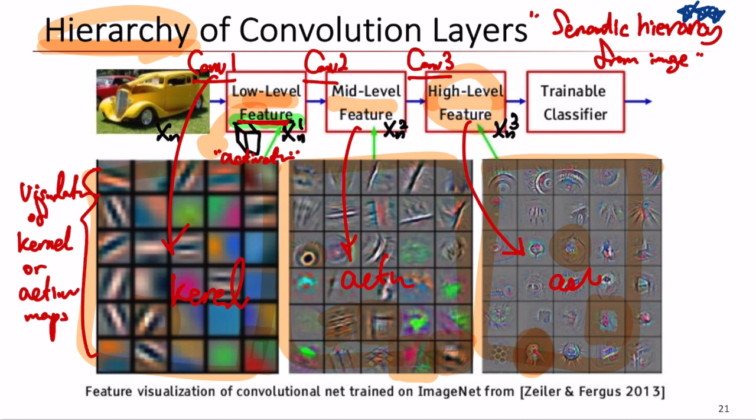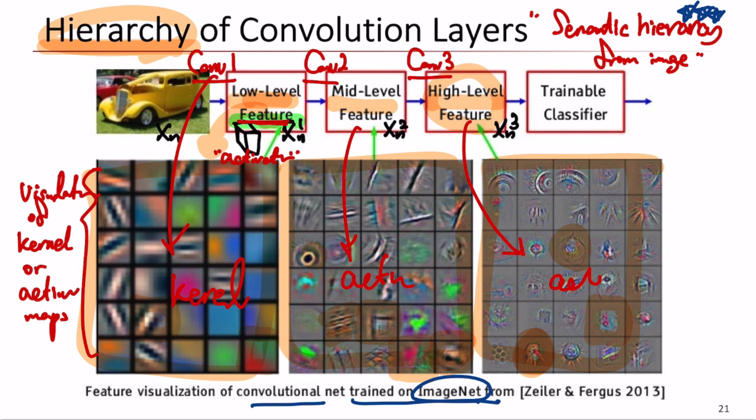But after that, we visualized these learned kernels or the activation maps. This is the learned parameters trained on ImageNet, right?